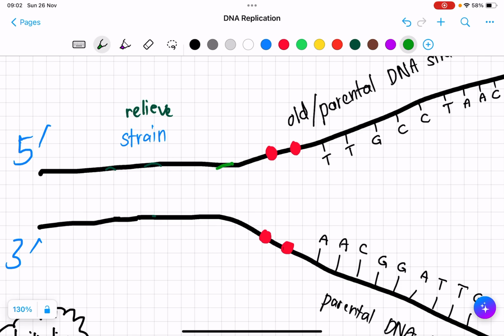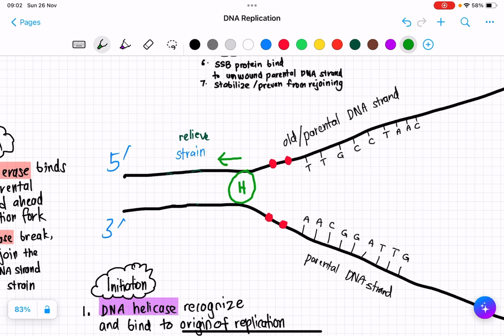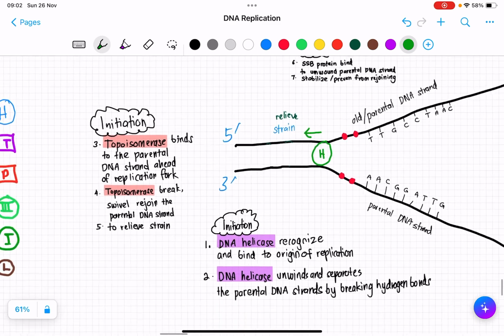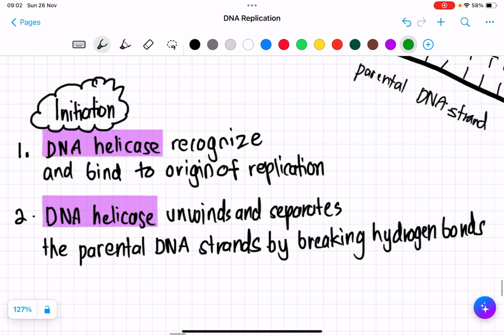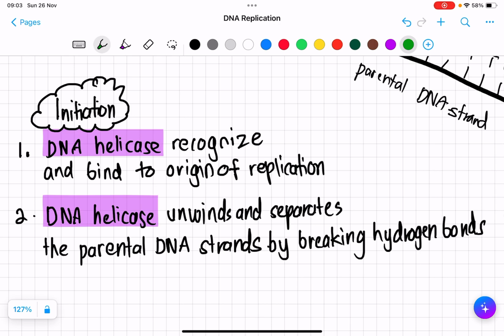So basically tadi we talking about helicase yang dah unwind. So basically helicase akan duduk somewhere here. Okay. Dan dia akan bergerak. Contohnya dia bergerak ke kiri. Kita start dengan, helicase recognize and bind to origin of replication. Helicase unwind and separate the parental DNA strand by, macam mana dia buat?